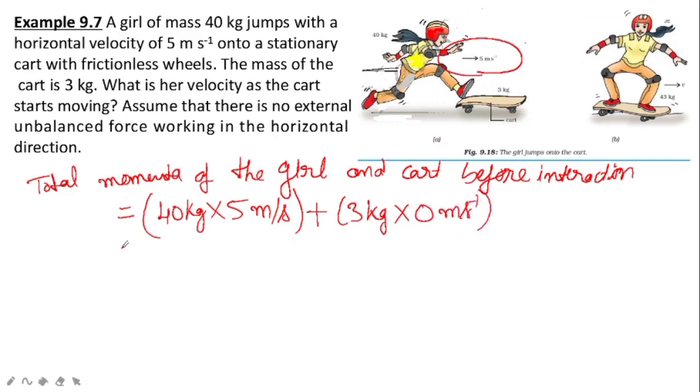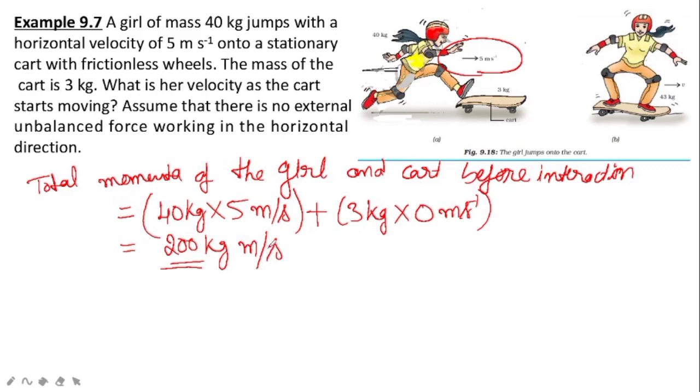Now on simplification, what will you get? 40 into 5 plus 3 kg into 0. So 40 into 5, it is 200 kg meter per second. Any number multiplied by 0 will give 0 itself. So this is the value of the total momenta of the girl and cart before interaction.